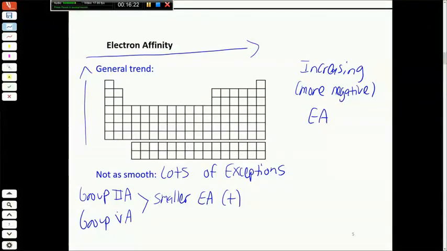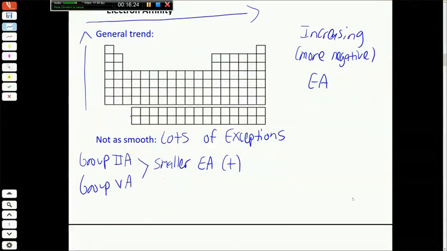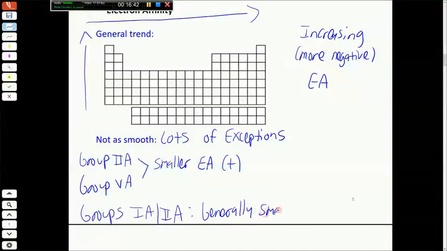And generally speaking, we can say that groups 1 and 2, so these are the main group metals, the S block of the periodic table over here on the left, those tend to have the smallest electron affinities. So a general property of metals is they have small electron affinities.